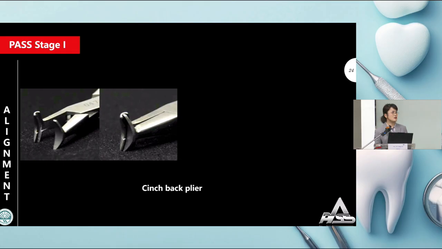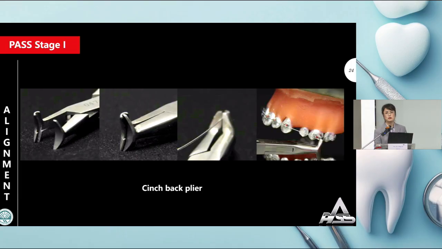Everybody, do you have a cinch back plier? It's very useful when we use the PASS technique in the PASS system. We always use a cinch back plier, just a clip is okay.